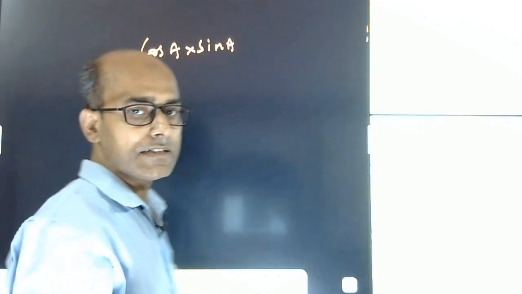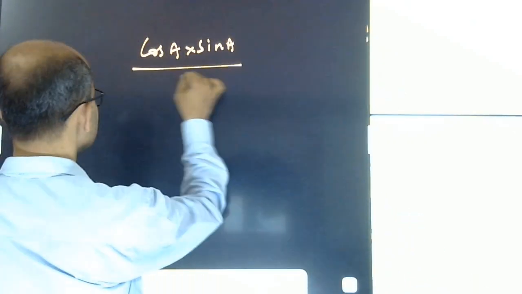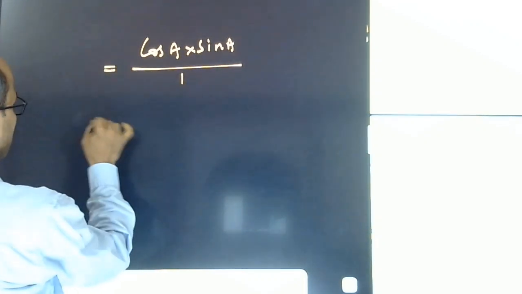In the result, it is asked to prove that it should be 1 upon tan A plus cot A. How will we prove this? If there is nothing in the denominator, we can simply write 1. It's a very common thing.